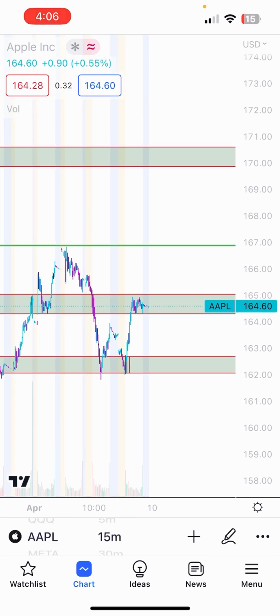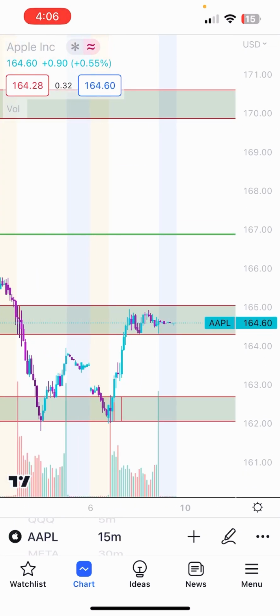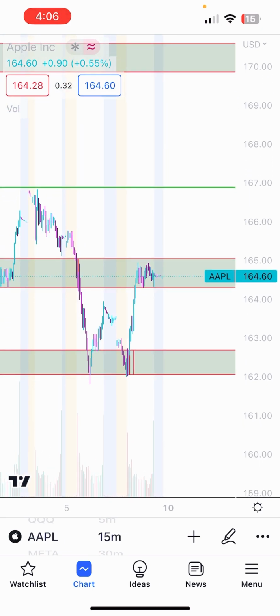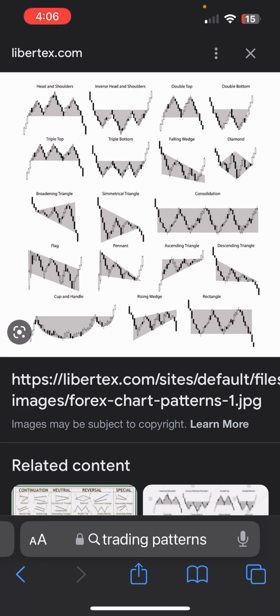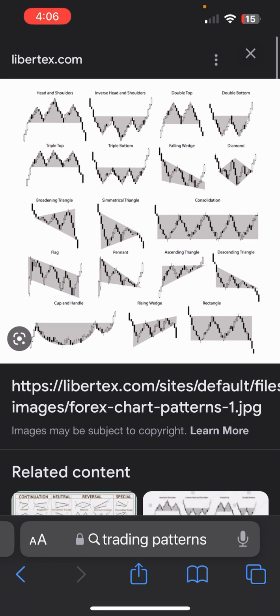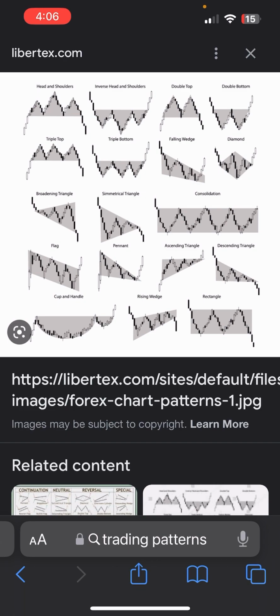All right, now you know a little bit about supply and demand zones, and now we're going to jump to patterns. So what are patterns? Patterns are drawings that traders have made in the past, and we still do them.